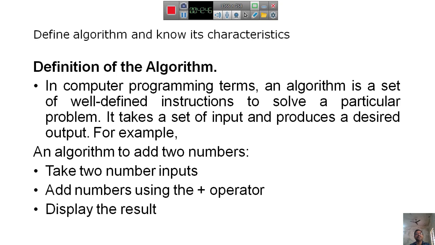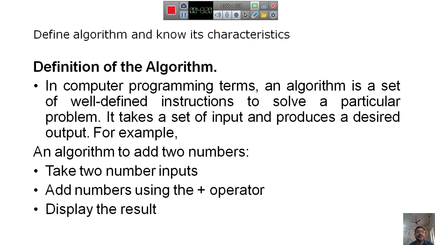So in between this start and end, we have to write down the step-by-step execution process. That is compulsory. It is a procedure to write the algorithm. Okay.